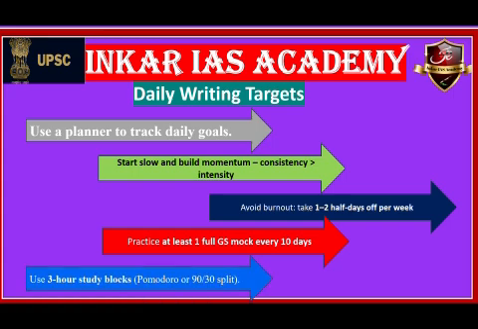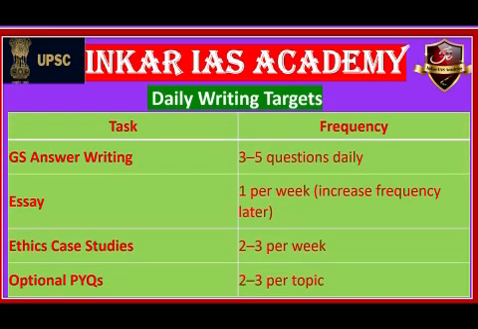And also use 3-hour study blocks, that is the Pomodoro technique, in a 90 to 30 split. That is required. So first of all, what are the daily writing targets? For GS answer writing, you have to write 3 to 5 questions daily. For essay, at least one essay per week.